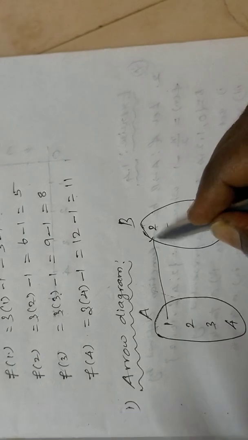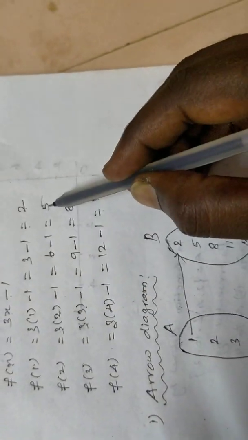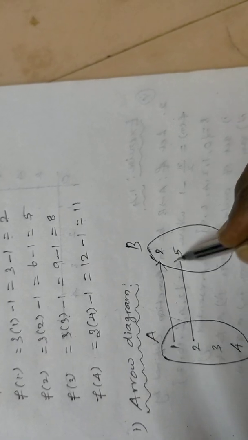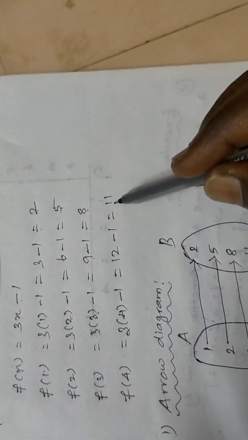So from the answers, 1 goes to 2. Second, 2 maps to 5. Then third, 3 maps to 8. Then fourth, 4 maps to 11. Okay.